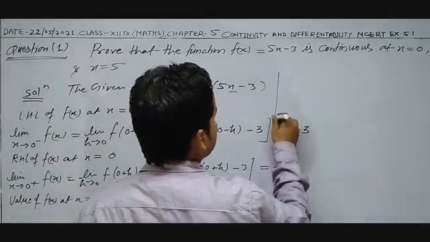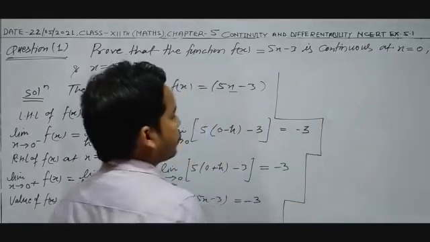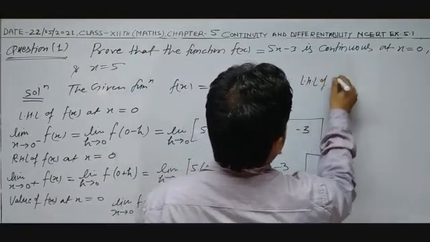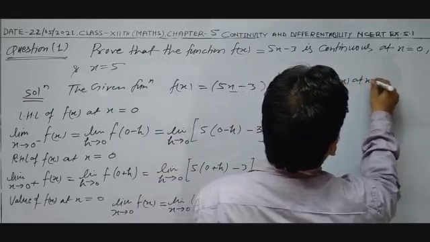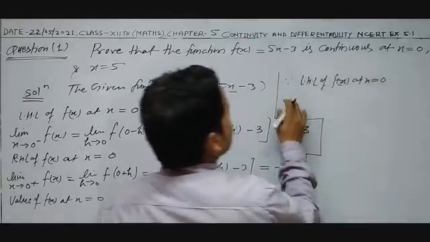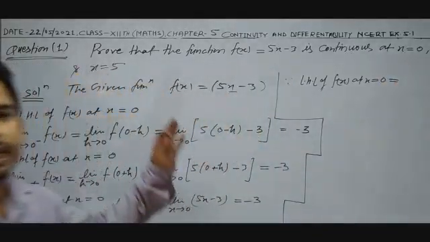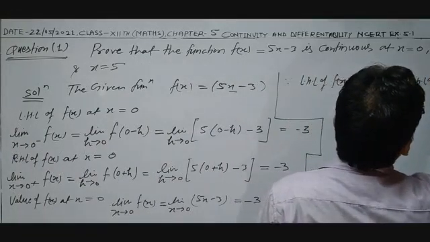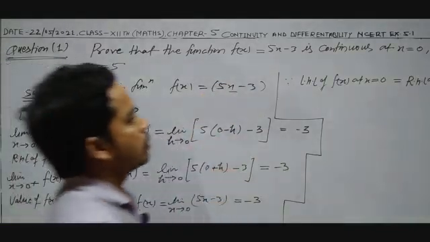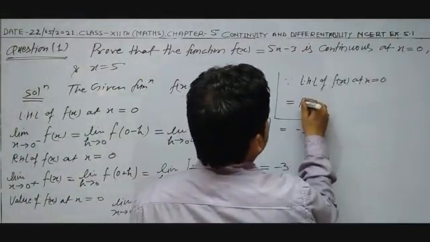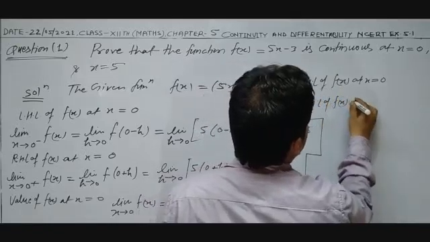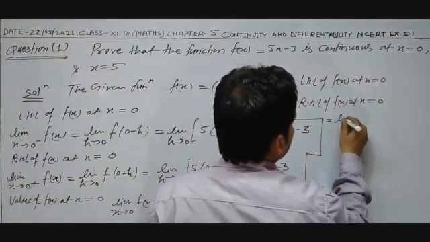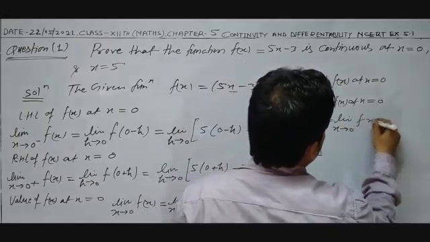See here, since LHL of f(x) at x is equal to 0 is equal to RHL of f(x) at x is equal to 0, and this value will be equal to limit x tends to 0 f(x).